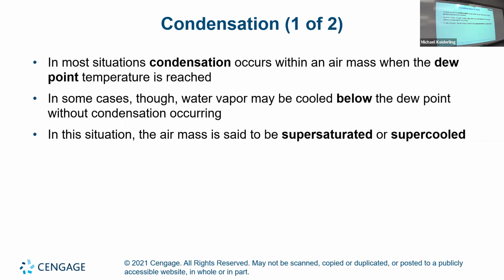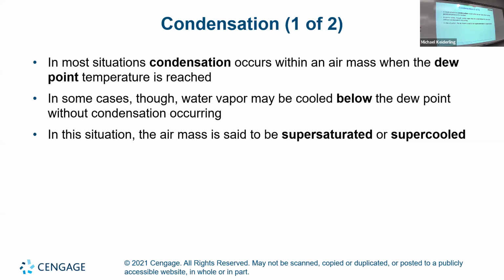And precipitation is tied to condensation. Water vapor turns into liquid water. So in most situations, condensation occurs within an air mass when the dew point temperature is reached. Now, sometimes the water vapor can be cooled below the dew point temperature without condensation occurring.